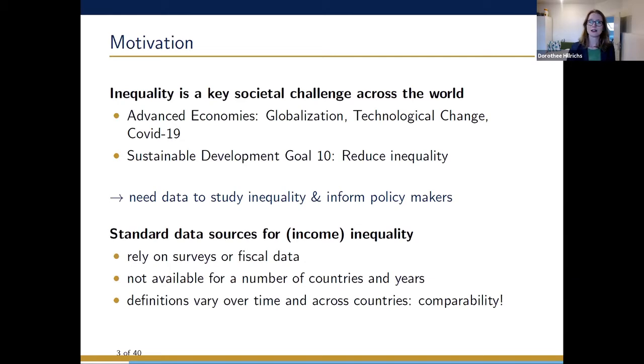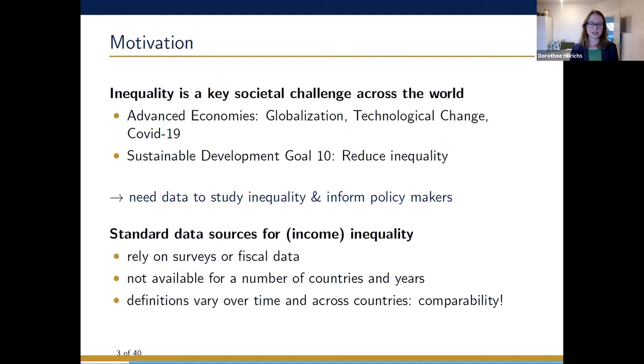Second, surveys are usually designed for the different country contexts. So this leads, for example, to the effect that we have for Latin America typically data on income inequality, whereas for many African or Asian countries, we have data on consumption inequality. So if you don't want to compare apples with oranges, there's a problem.